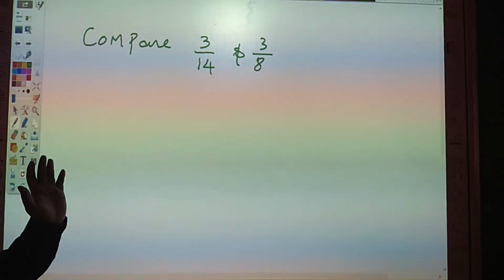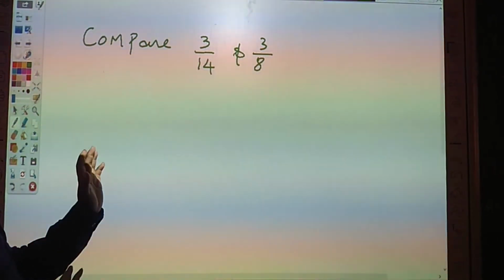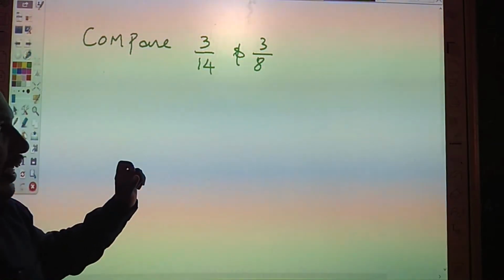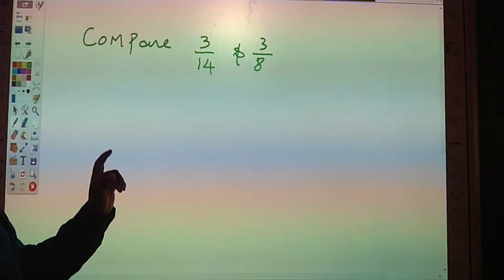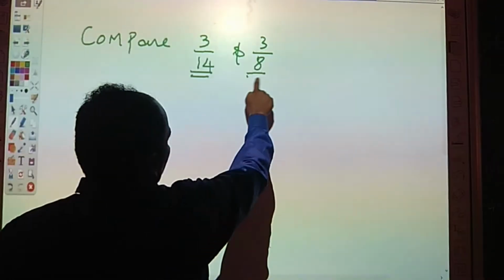We want the LCM of 14 and 8 because we are comparing 3 by 14 and 3 by 8. Which one is greater? Listen here. Here the denominator is 14, here the denominator is 8.